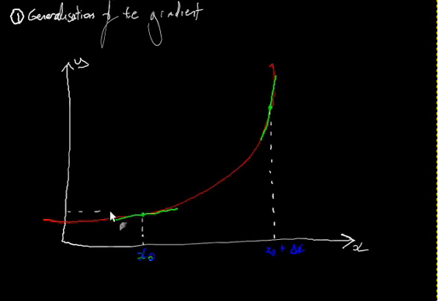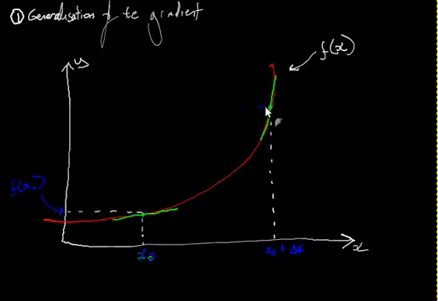We'll call these two points, we'll call this one x0, and we'll call this point here x0 plus delta x.